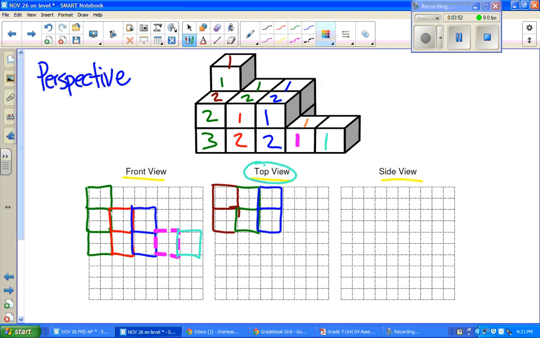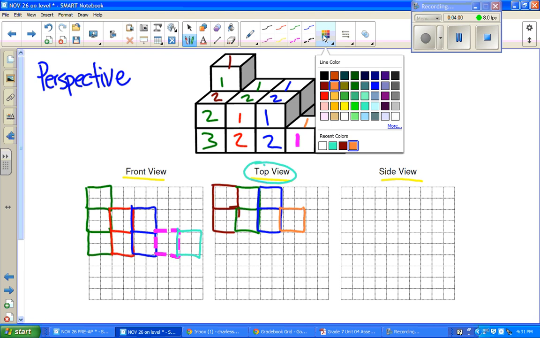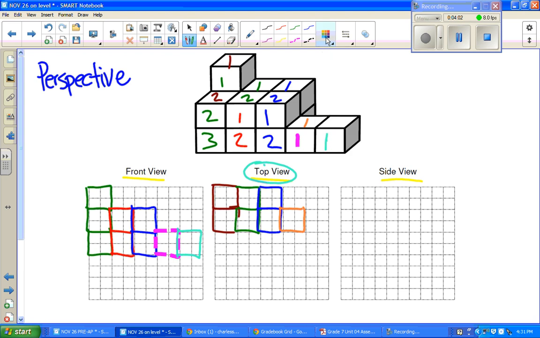It doesn't go on the back, it goes right up there. Perfect. And then lastly, we have 1. All right, so let's take a look at this. I looked at it from left to right. So we have 2, 2, 2, 1, 1.